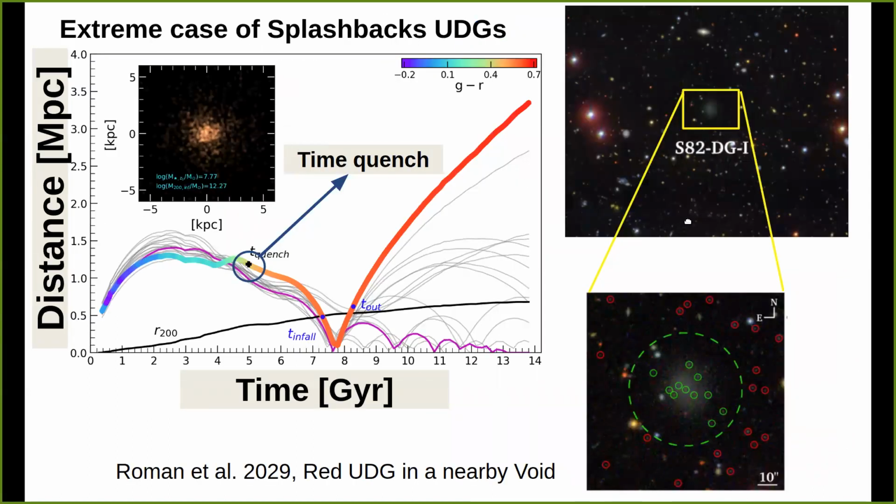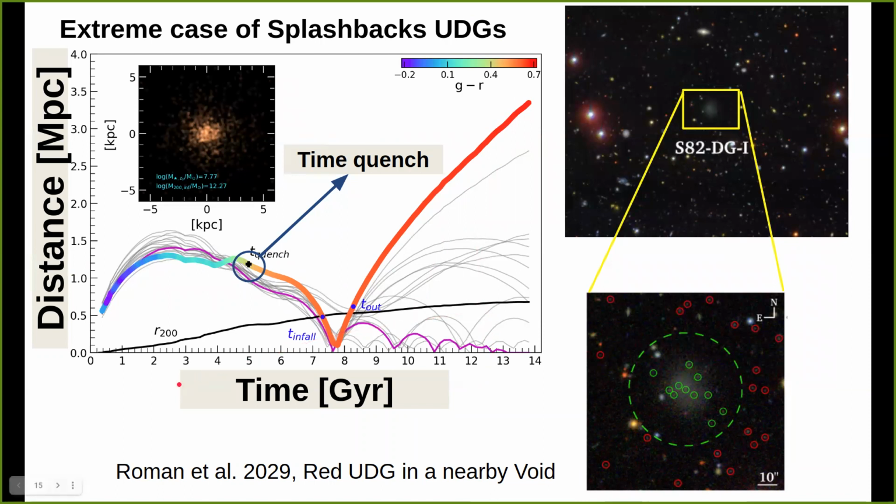So also, we find an extreme example of splashback red UDGs that was preprocessed in a group and quenched previously to infall into this major halo, and finally was ejected about 3.5 megaparsecs away from the host halo.